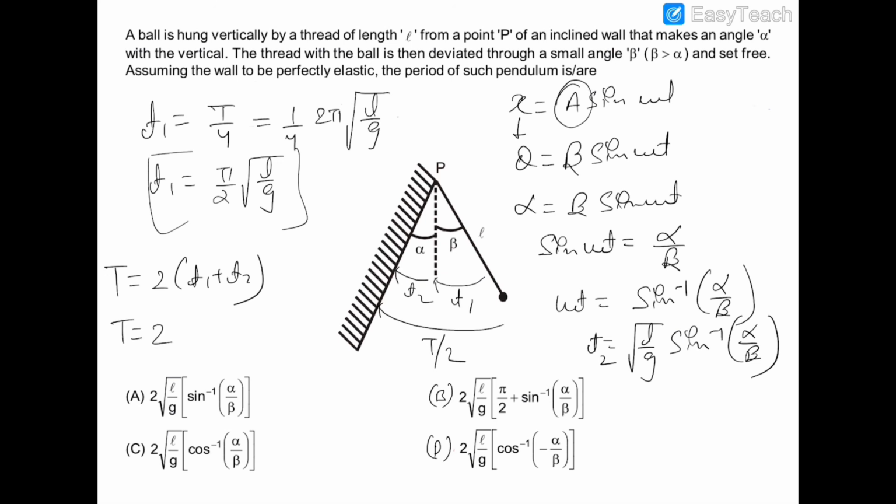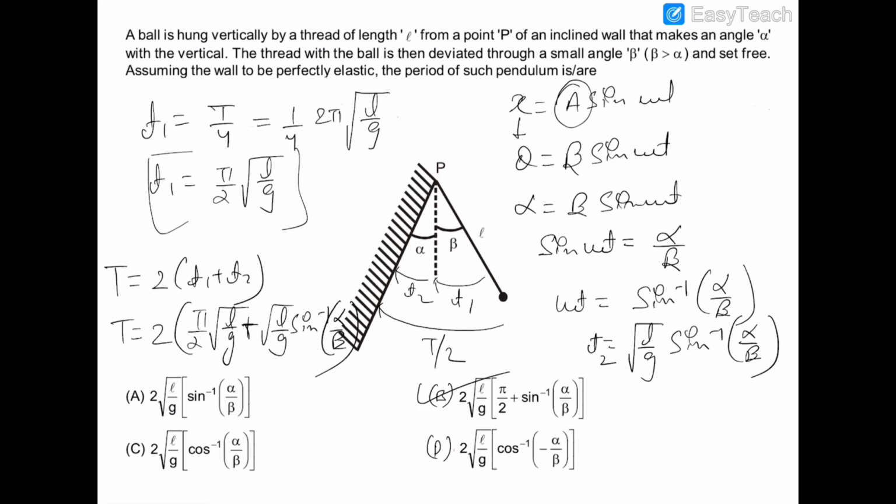So this is twice of pi by 2 under root L by g plus under root L by g sine inverse alpha by beta. So you can see that the correct option will be option number B.